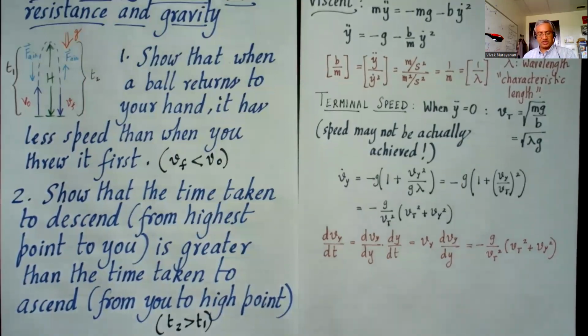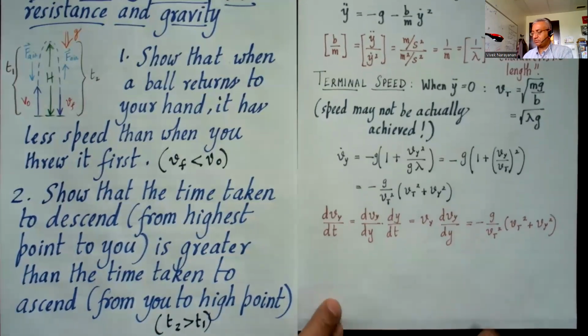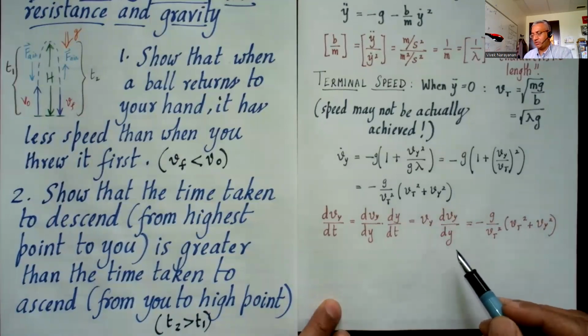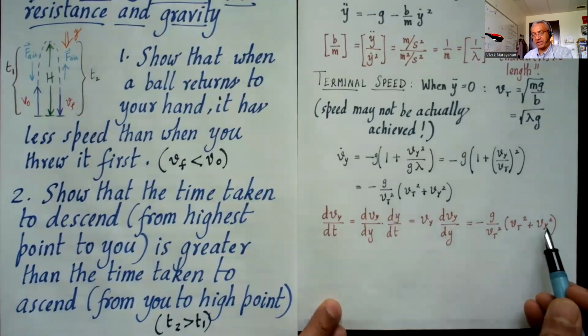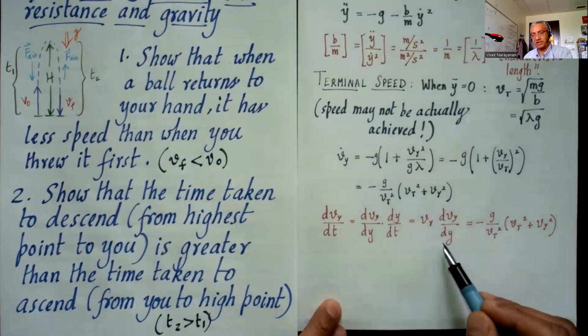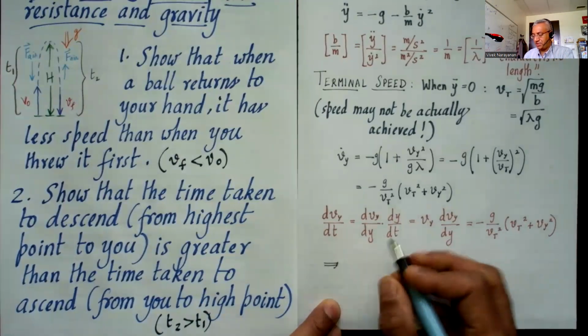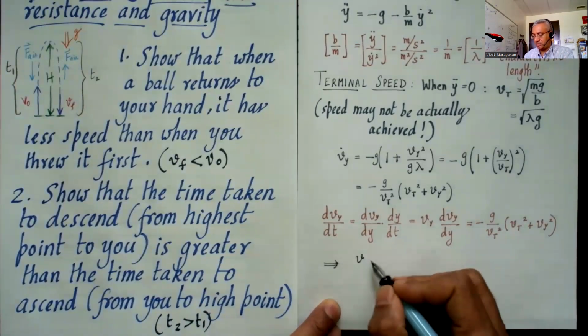Okay, now this is a separable differential equation and can be solved. Vy and dvy are together. So I like to bring that down here so that all the terms involving vy are together, and then I'll take the dy over there. So separation is achieved in this manner.